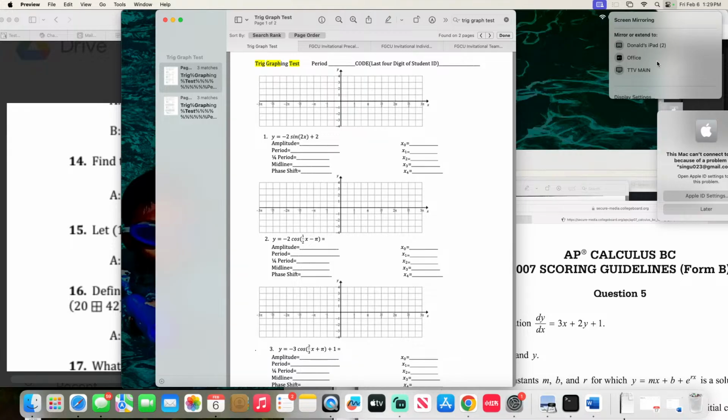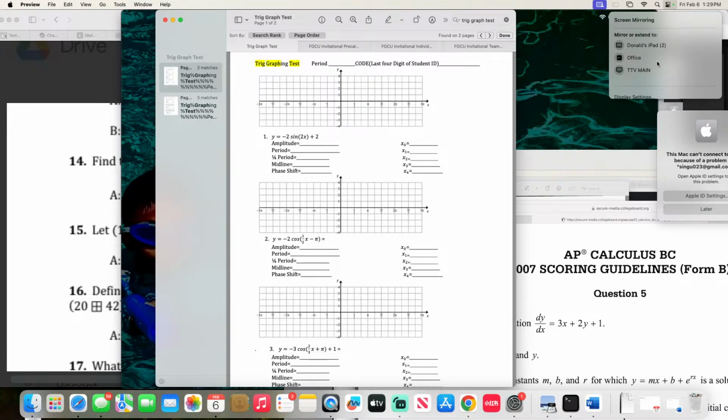A quarter period is going to be pi over 4. Is that okay? So far? What is the shift, left or right? Right, pi over 8. So right here is the pi over 8. Now this will be where the sine starts, but the problem is that we're talking about cosine.